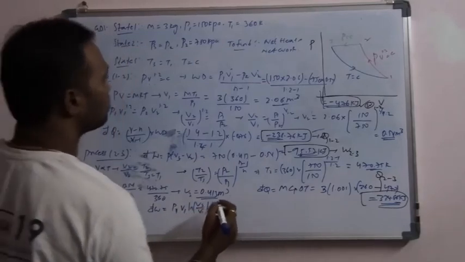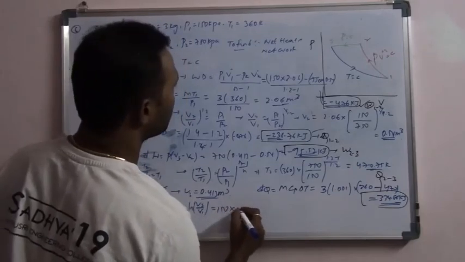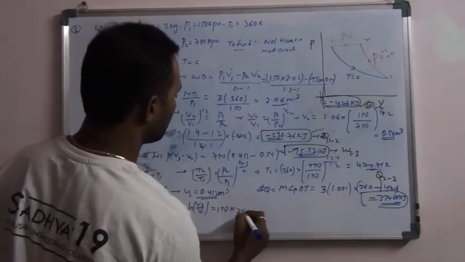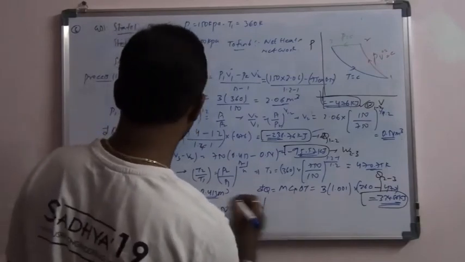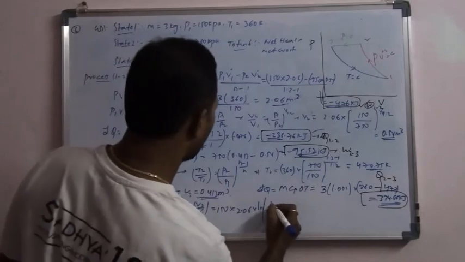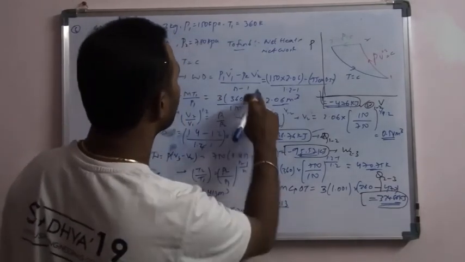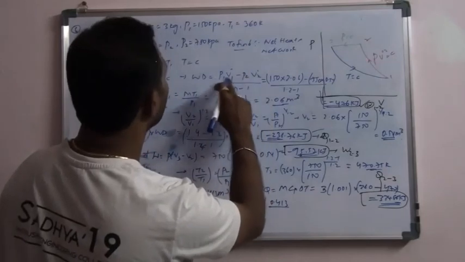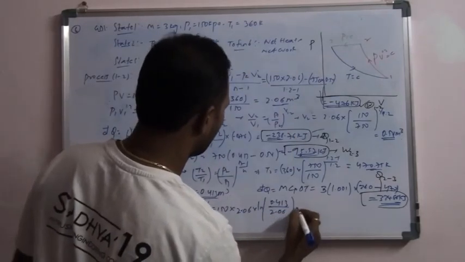P1 is already known, 150, and V1 is 2.06, into ln of V3, which we calculated as 0.413, by V1, 2.06.